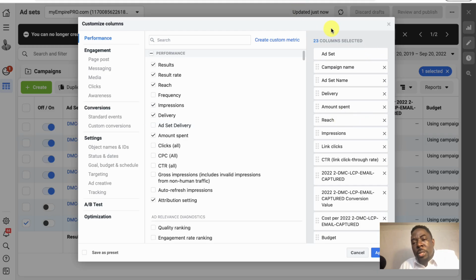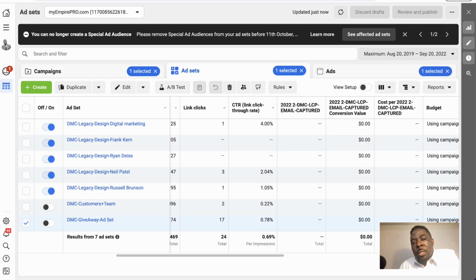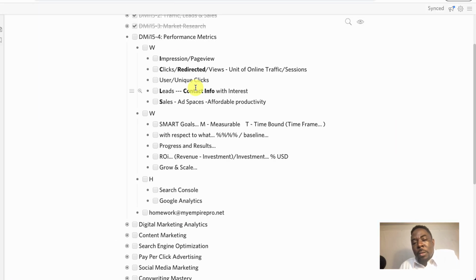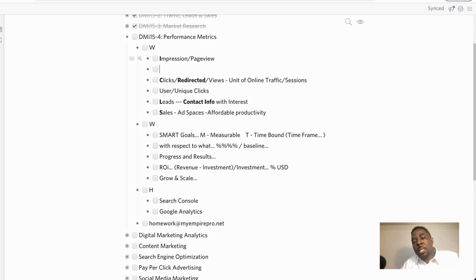Reach. What is reach? Reach is going to come up on many advertising platforms. Reach is how many individual people were able to see your content. I'm going to put that right here. What is the difference between reach and impressions? They're very similar, but they're different. Reach is how many unique impressions.